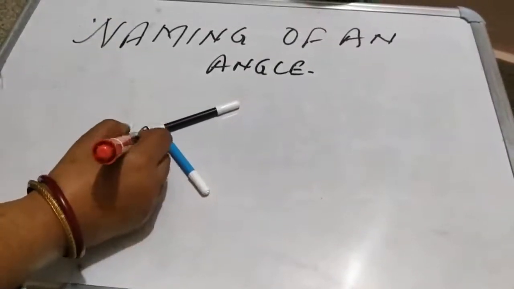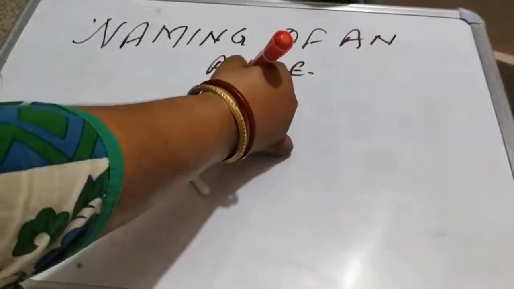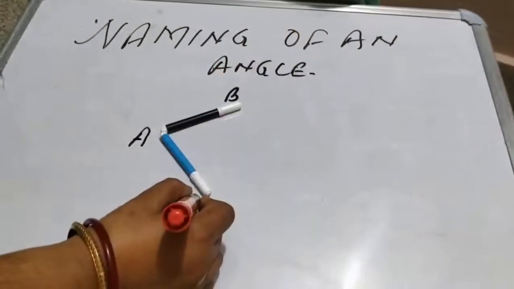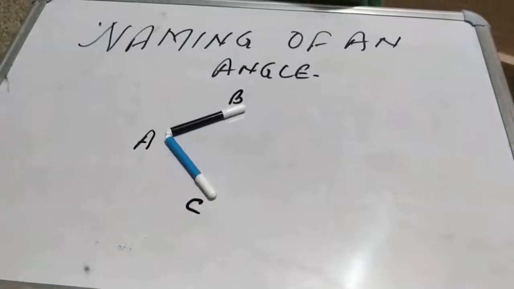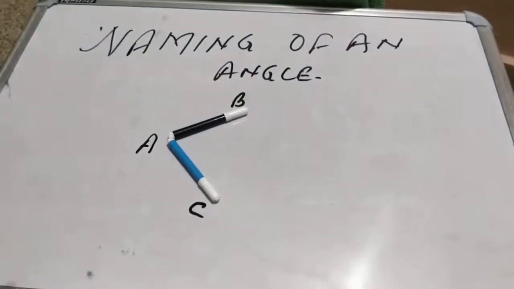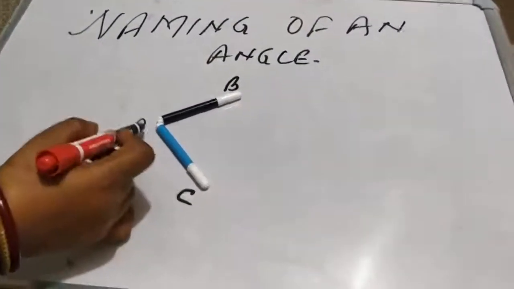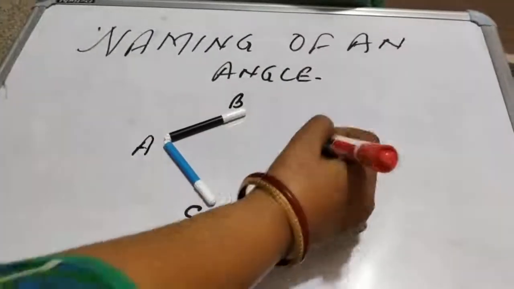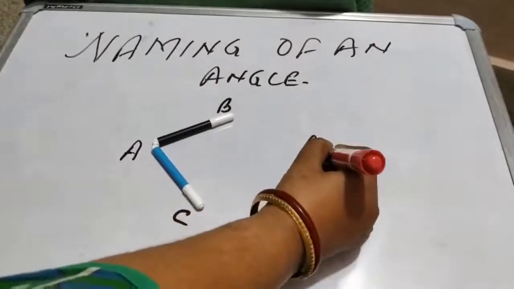This is A, this is B and this is C. So, how will you name it? Always remember that the vertex should be in the middle.